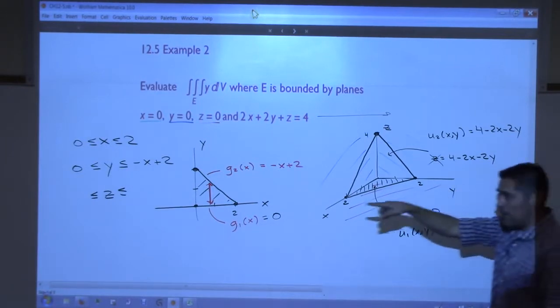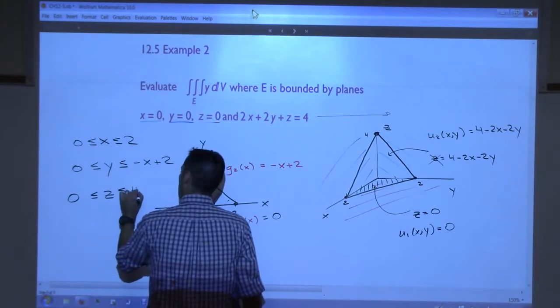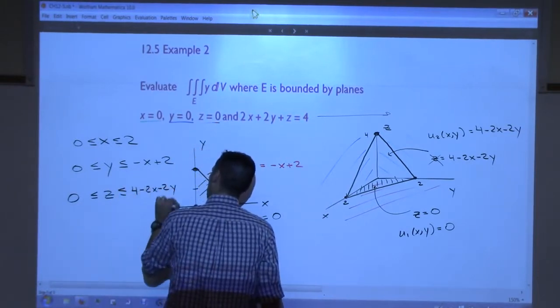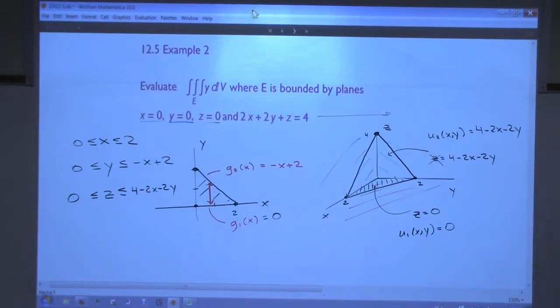And so I can come back over here now and say z has to be between 0 and 4 minus 2x minus 2y. How are we feeling about that?